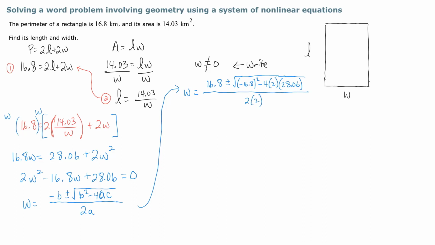Go ahead and have your handy dandy calculator out, and we are simply going to write an equation for W. We do have 16.8 here, plus or minus. Let's figure out what's underneath this radical symbol here. So go ahead and type some things in your calculator.